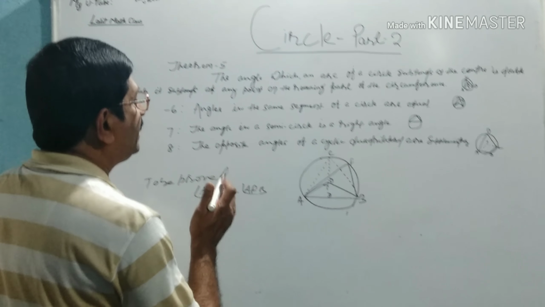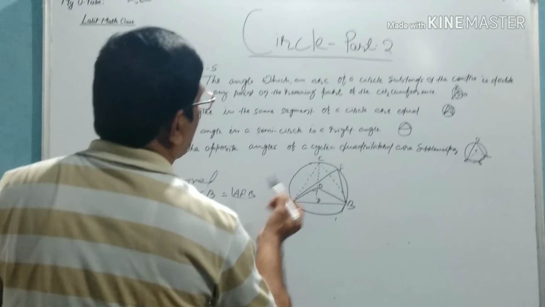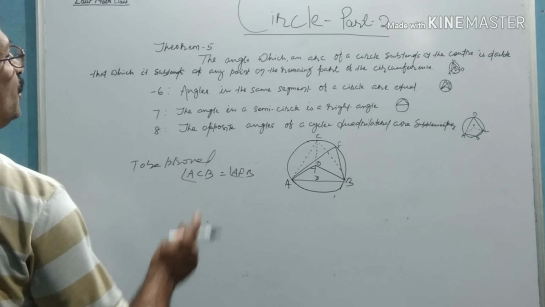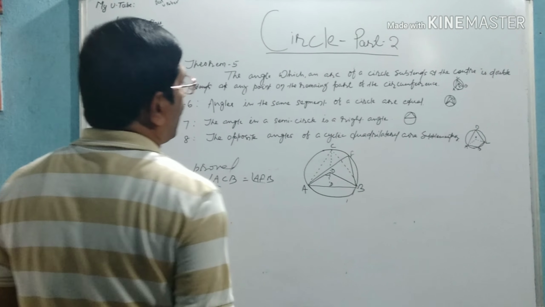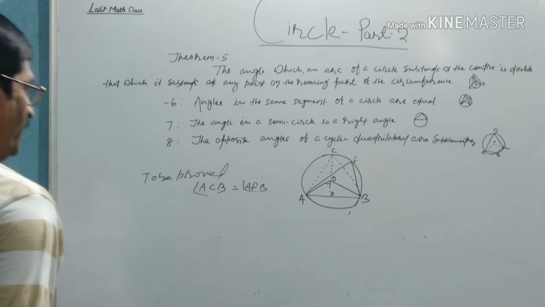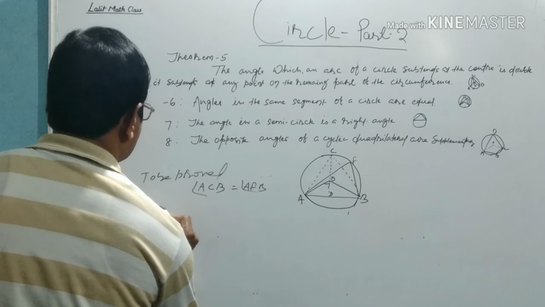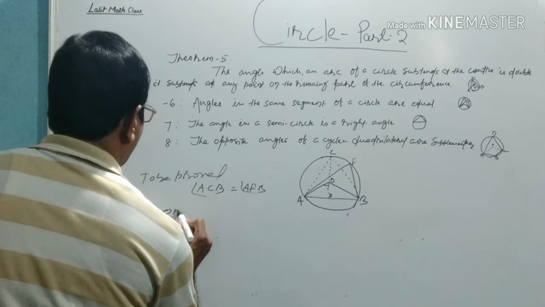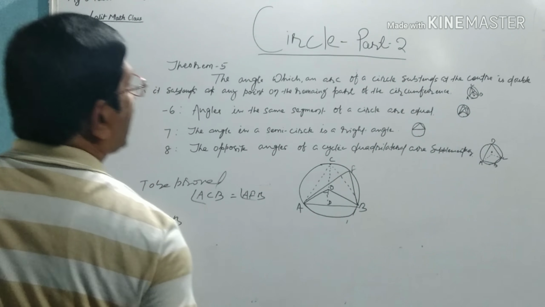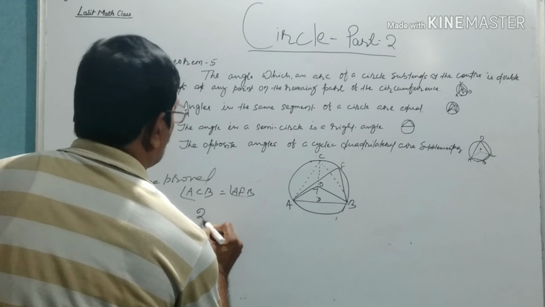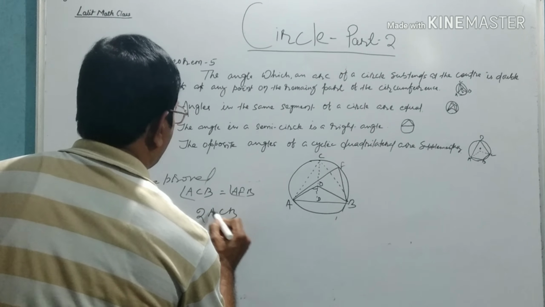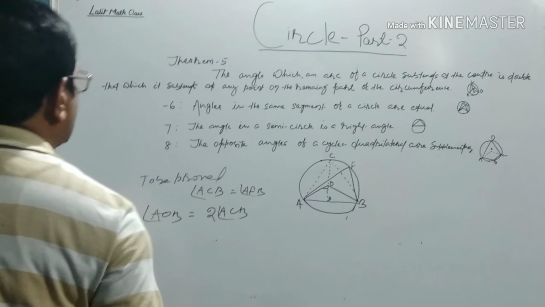We have seen that the center angle is always twice the angle at the remaining part of the circumference. As in this case, AOB is the center angle, hence AOB equals 2ACB, that we have already proved.